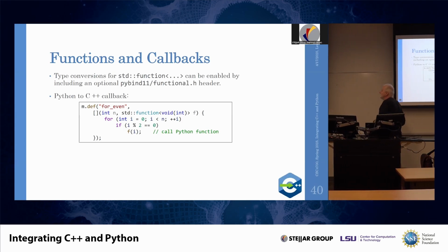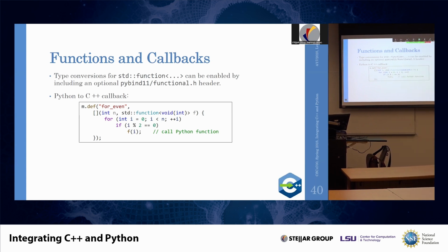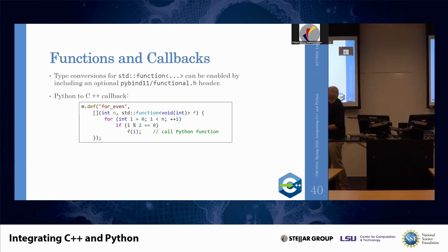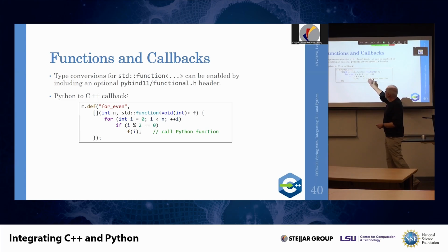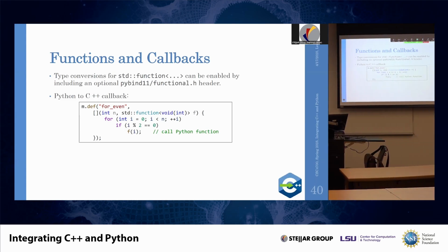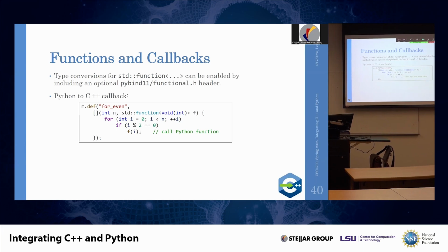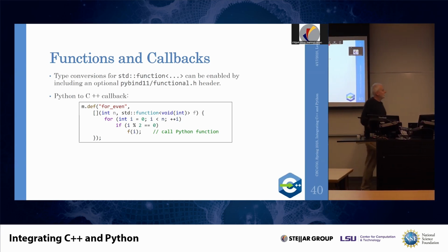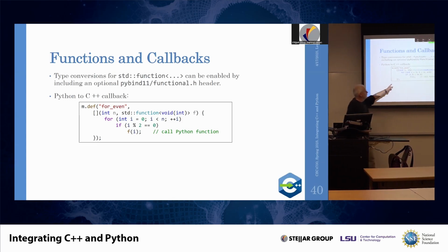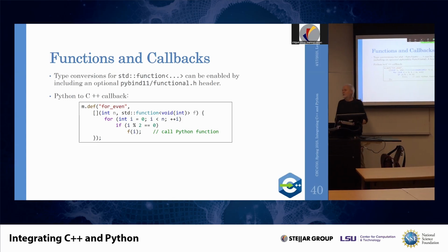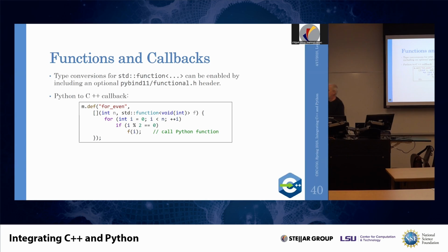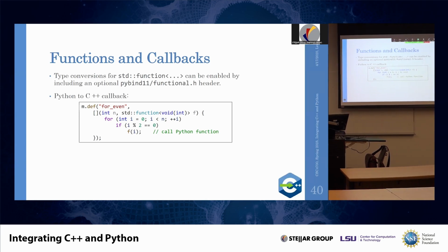But let's start with calling Python functions from C++. So I have an extension function for even, which gets in an integer number of elements, and a Python function which I pass in when I call that thing. What it does, it counts how many even numbers are between 0 and n, and calls my Python function for each of the even numbers.